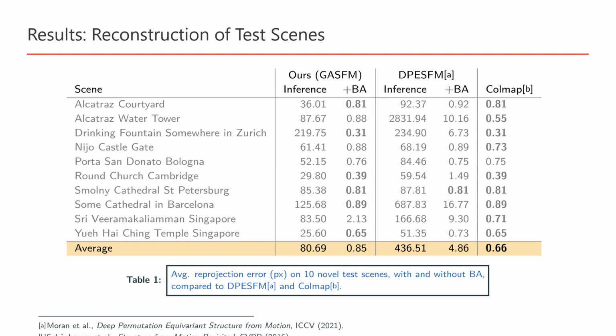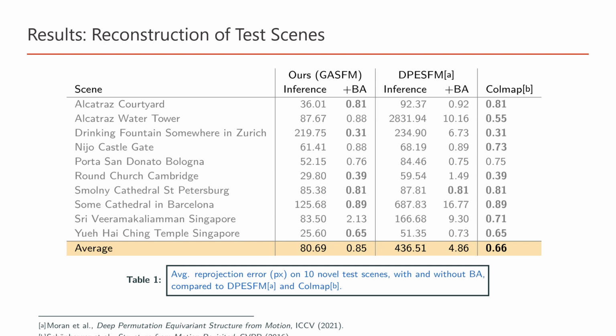And that's the one that gets interesting, actually. And this can be compared to the deep permutation equivariant structure from motion model. It's a competing previous model. And we can see that we quite consistently outperform it. That was also a learned model. That's why it's interesting to compare to, and it's quite related. Ours builds upon it.